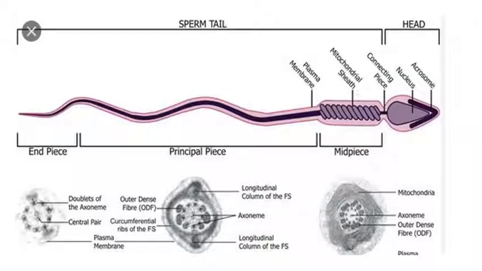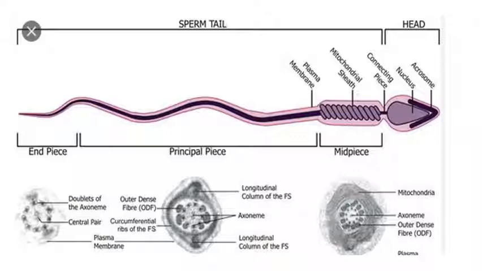So here it is worth mentioning the normal structure of a sperm. A normal sperm consists of a head and a tail. The head consists of the acrosome and a nucleus, and there is a middle piece following the head, which is connected to the head by a connecting piece.